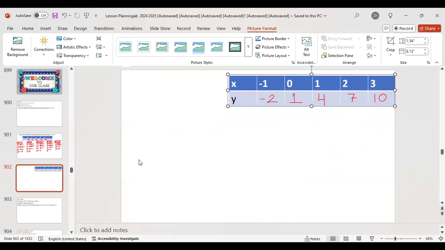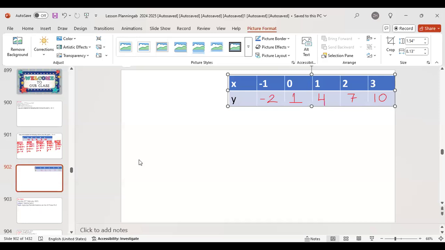Each one of those points that we found can be plotted on the rectangular coordinate system. So we have to get our graph and plot the function.